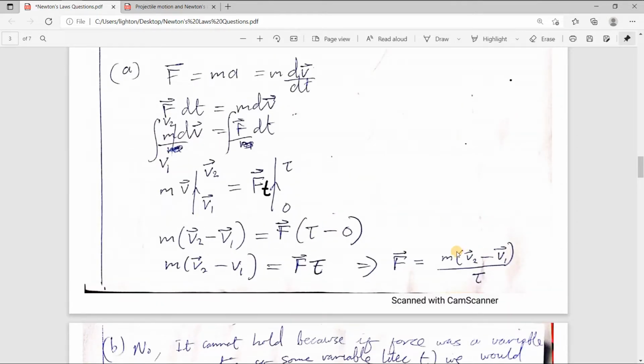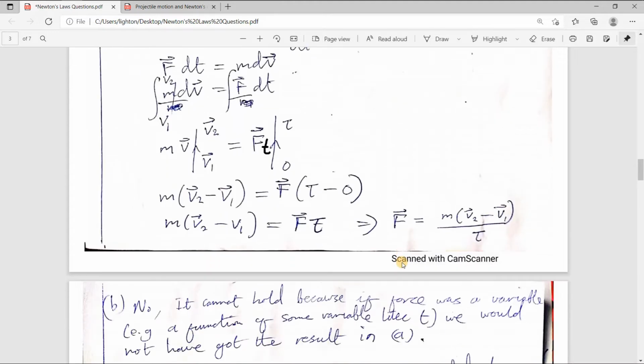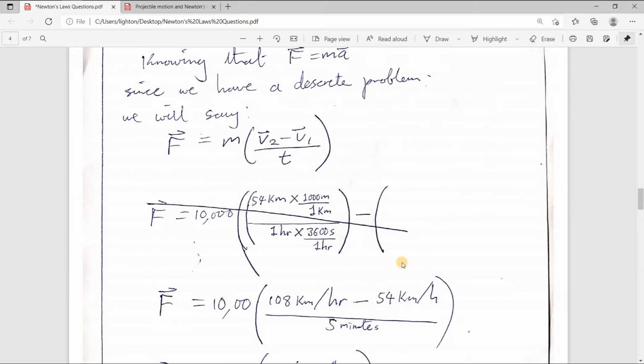So this part in parentheses, v2 minus v1 over tau, the time, is the acceleration. The acceleration multiplied by the mass gives the force.